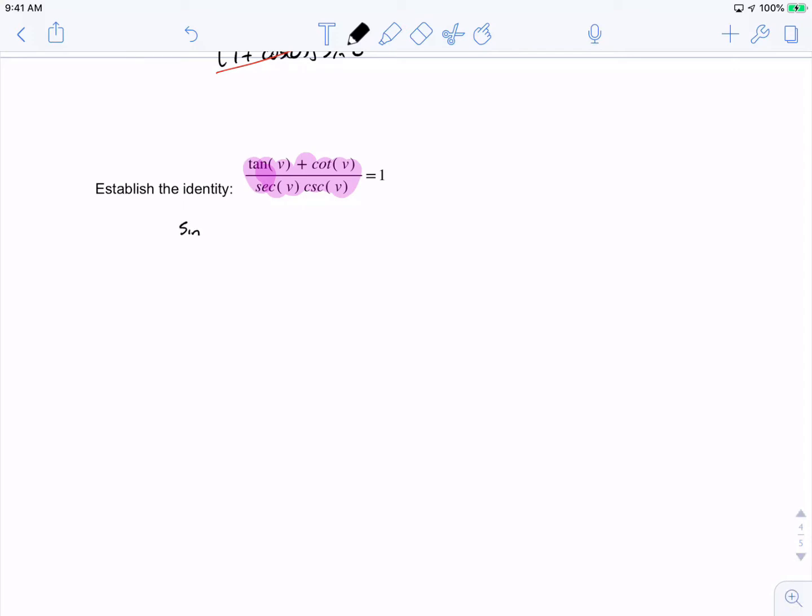So I'm going to get sine of v over cosine of v plus cosine of v over sine of v. That's the numerator piece. And then 1 over cosine of v times 1 over sine of v.